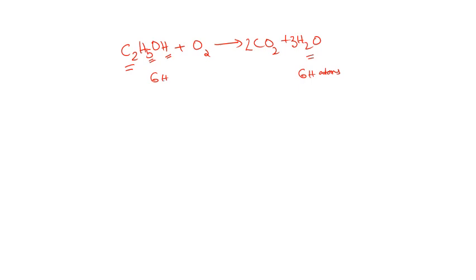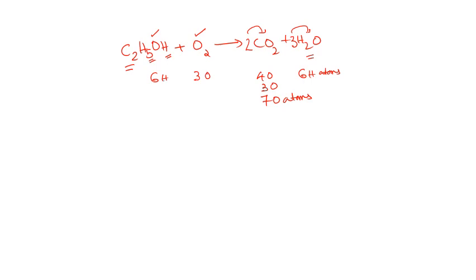And now look for oxygen. We have 1 oxygen here and 2 oxygen atoms here. So that means total 3 oxygen atoms on the left side. So how many on the right side? I have 2 times 2, 4, and we have 3 oxygen here. So 4 plus 3, total 7 oxygen atoms on the right side and 3 oxygen atoms on the left side.